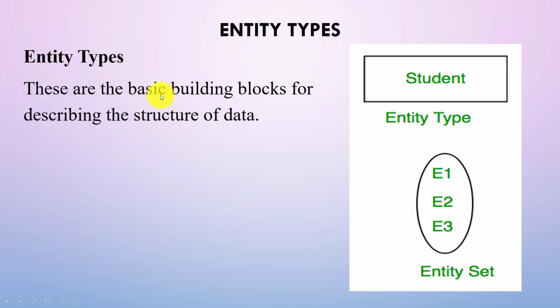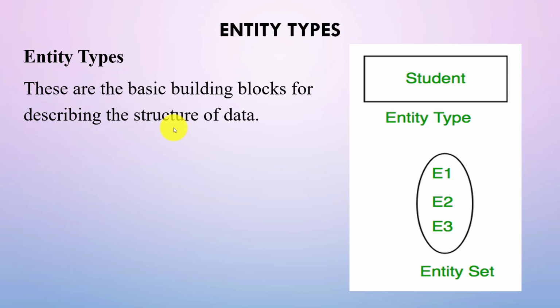Now what is entity type? Here this is the entity student. Student is an entity having an entity set like E1, E2, E3. Entity types are some basic building blocks to describe the structure of data.